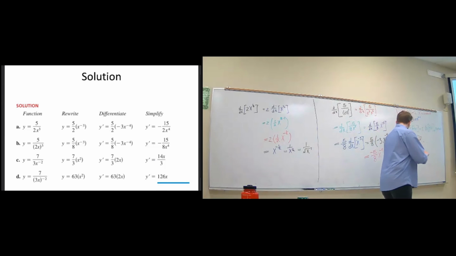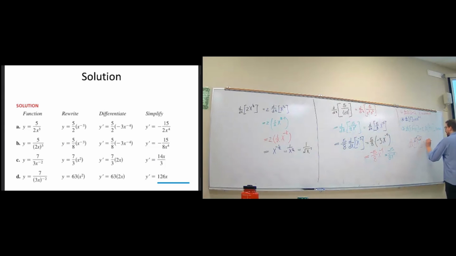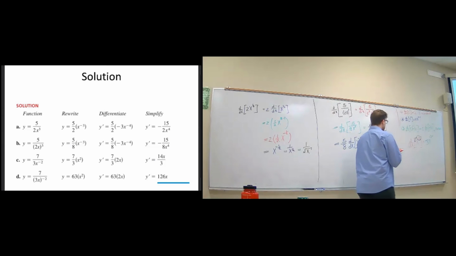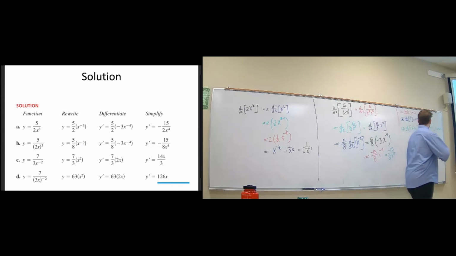Okay. It's going to give us negative 3x to the negative 3 minus 1, which is equivalent to negative 3x to the negative 4. Make sense?